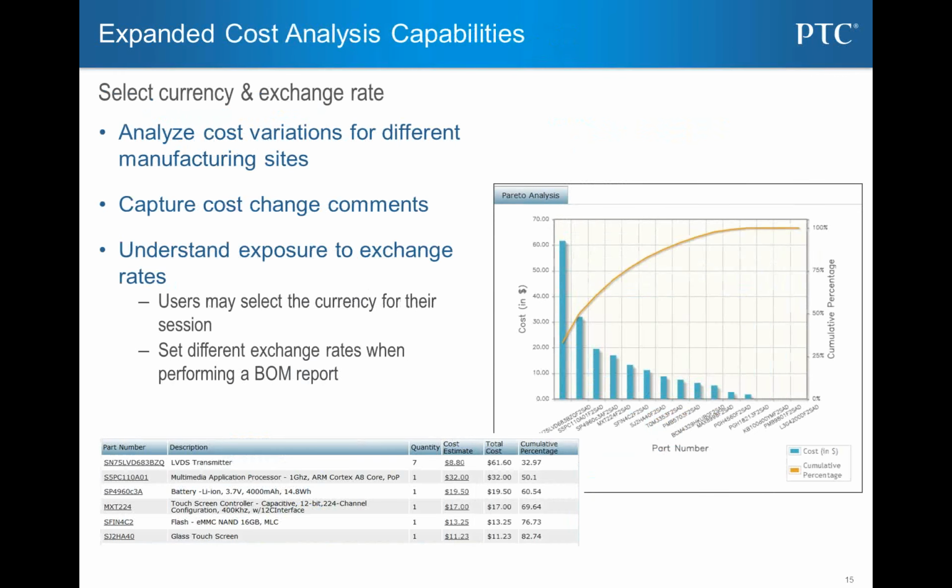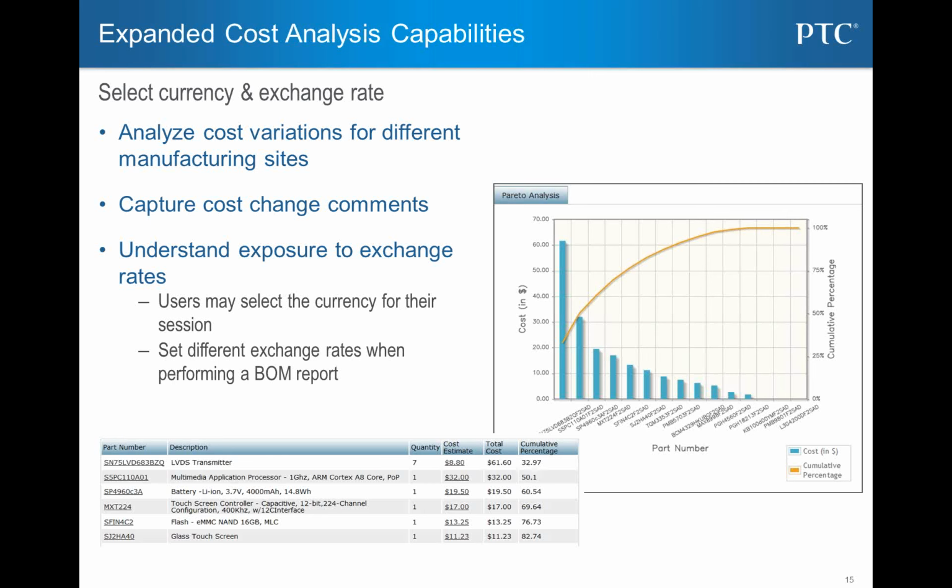The Windchill cost now supports the ability to associate costs for different manufacturing sites. And what's really important about this kind of thing is that it provides designers who know where a particular product is going to be built, which manufacturing site, to choose the particular parts with the lowest cost for that manufacturing site.